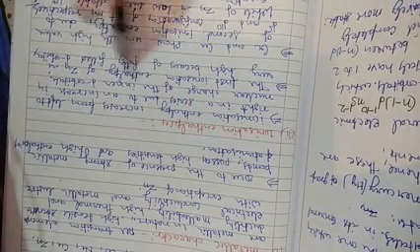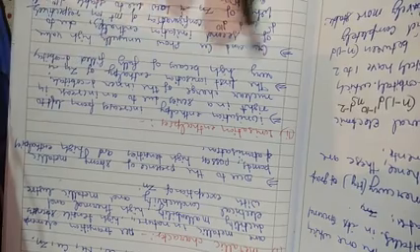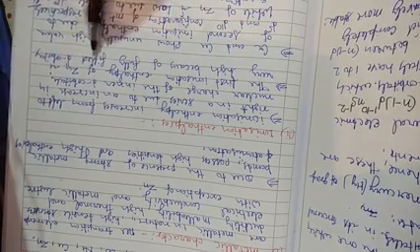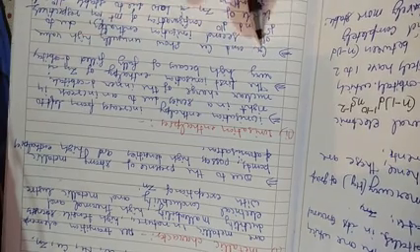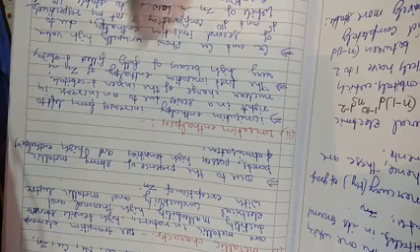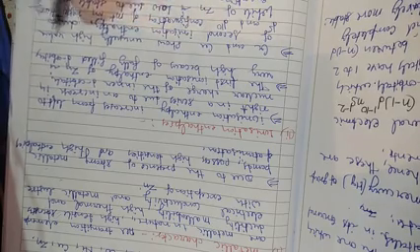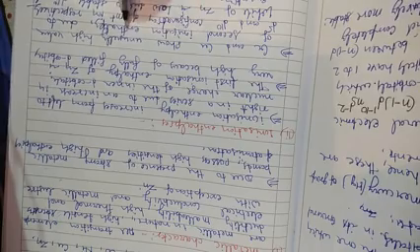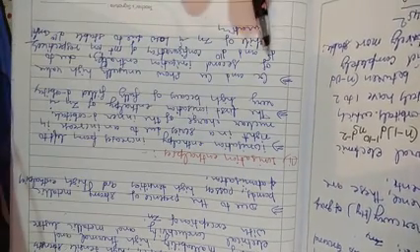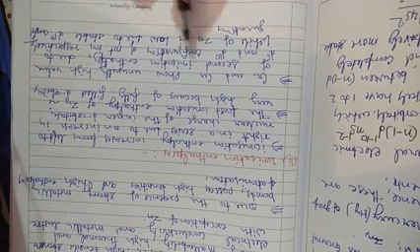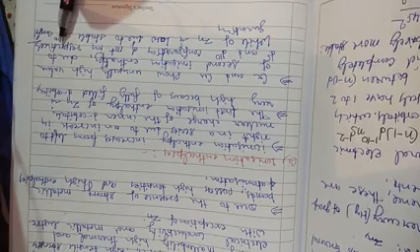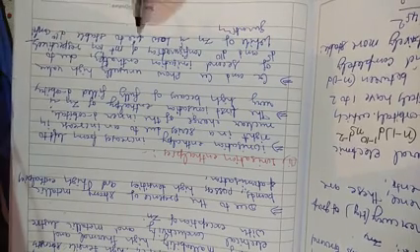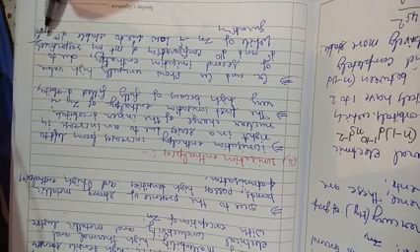Second point, chromium and copper show unusually high values of second ionization enthalpy due to the d5 and d10 electronic configuration of the M+ ion respectively, while that of zinc is low due to a stable d10 configuration. Okay, students?